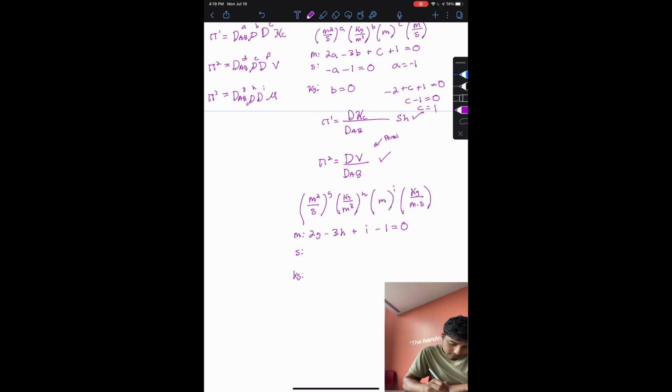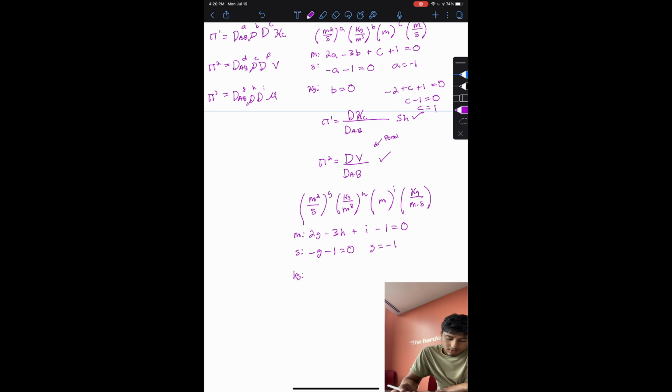For seconds, minus G. No seconds here, that's 0, no seconds here. Minus 1 equals 0, that means G equals minus 1. Now for kilograms. There's no kilograms here, that means it's 0.